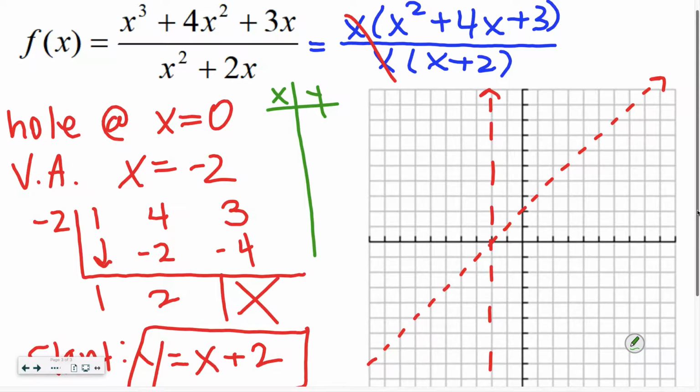So if our vertical asymptote is at -2, I would like you to plug in -1 and 0, as well as -3 and -4. Okay, go ahead and plug in those numbers. Don't plot them yet. Please just plug them in and see if you and your pod mates agree.